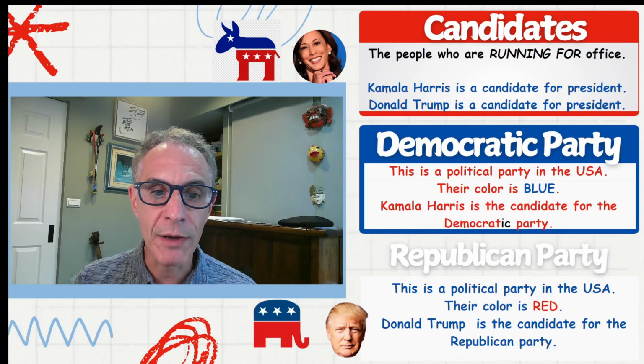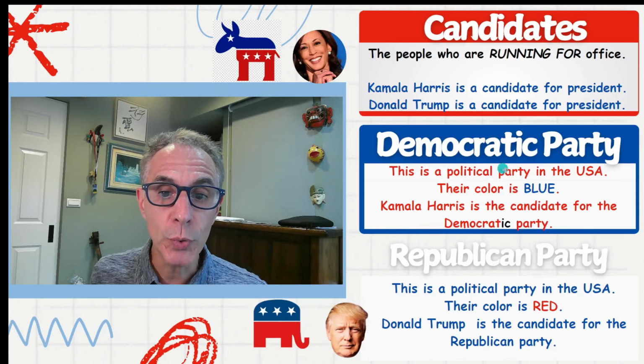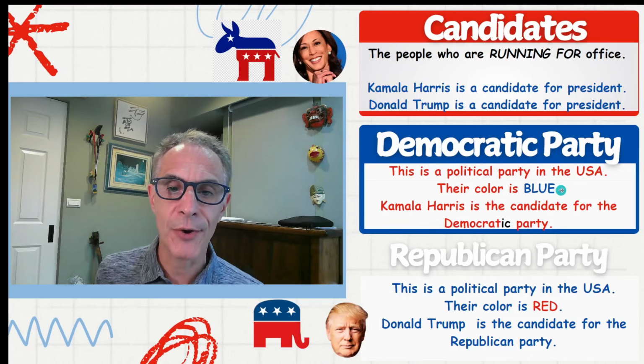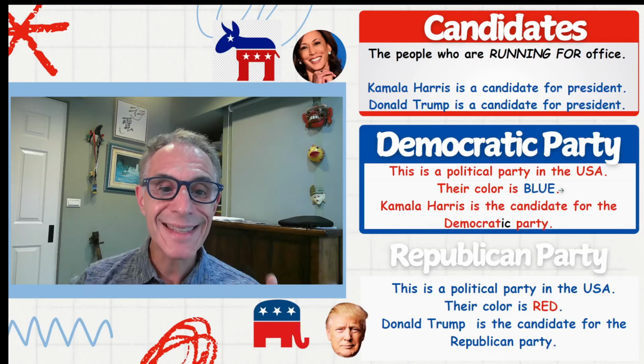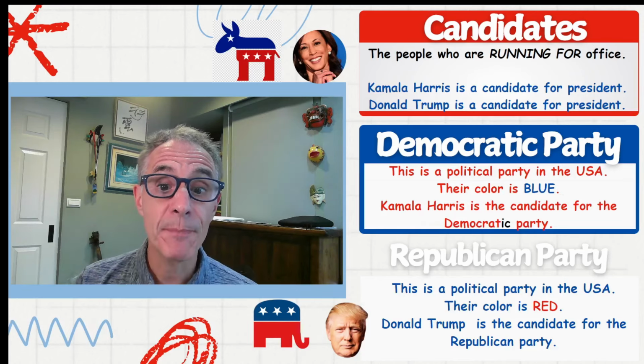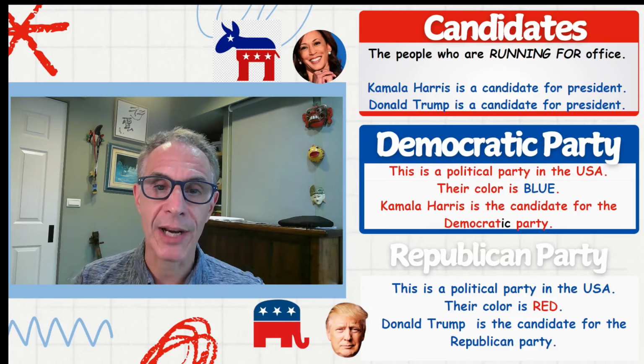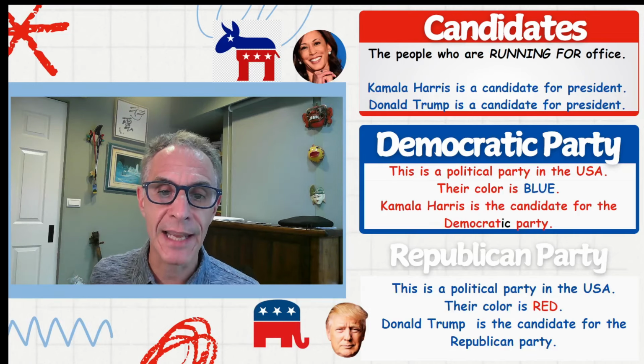Democratic Party is one of them. The color is blue, okay? And their logo is this donkey here, all right? So Democratic Party, this is a political party in the USA. Their color is blue. Kamala Harris is the candidate for the Democratic Party. Okay, she's the candidate for this party.